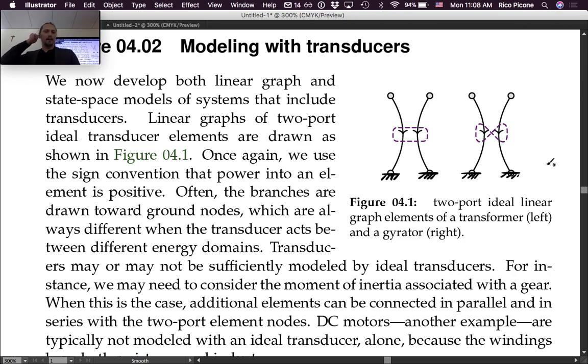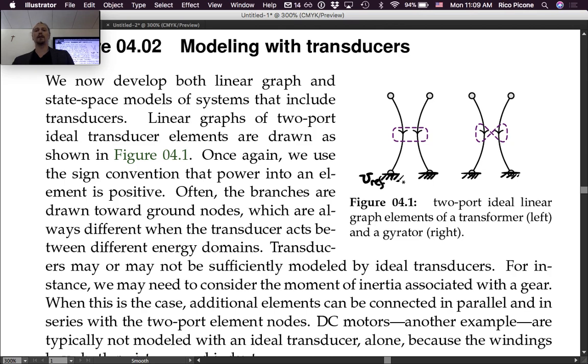Often the branches are drawn towards ground, which are different when the transducer acts between different energy domains. For instance, if this was a motor, then this side would be the voltage across variable, so this would be the reference voltage.